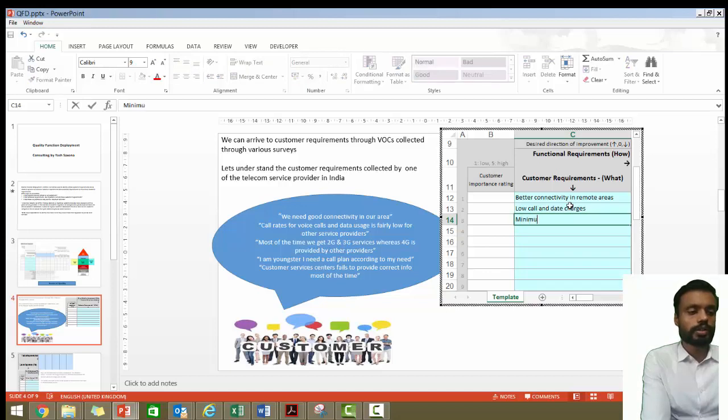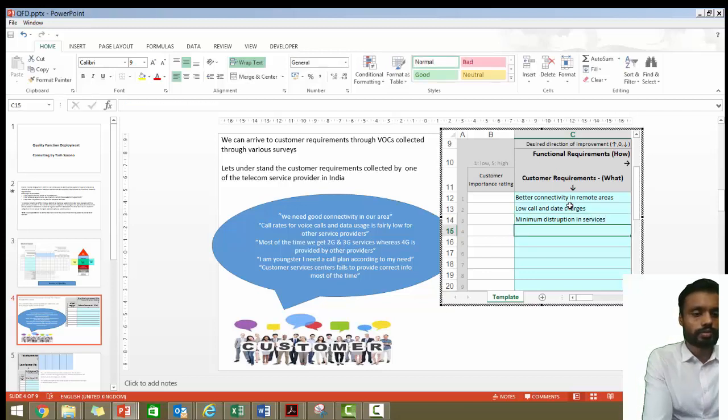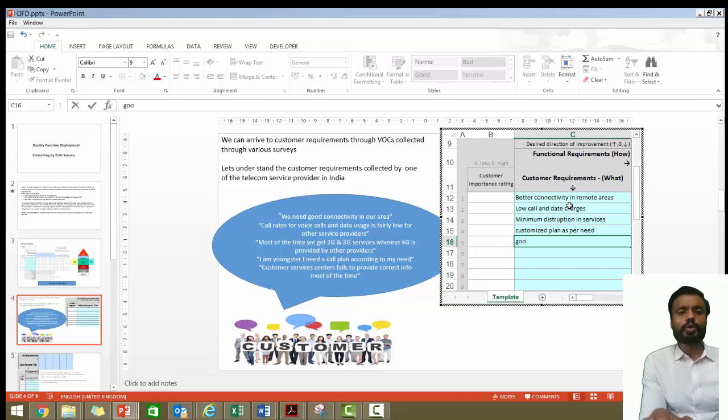Then, a customized plan as per need. And the last one says better customer services or good customer services. So guys, what have we done?